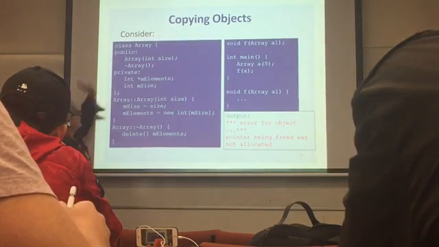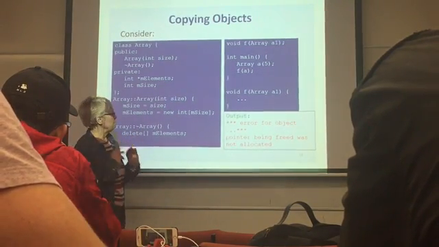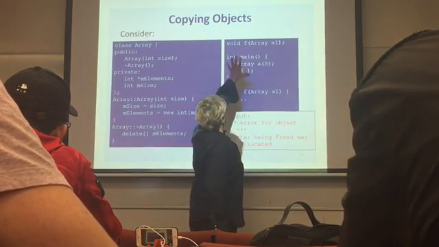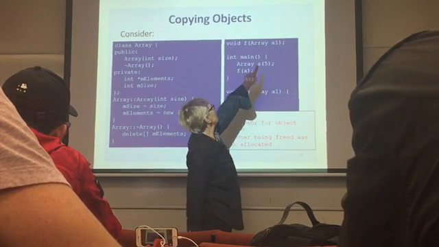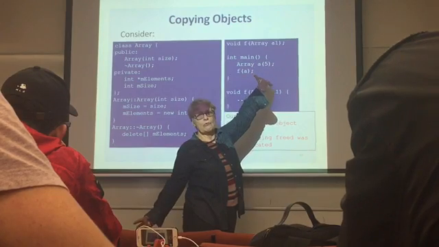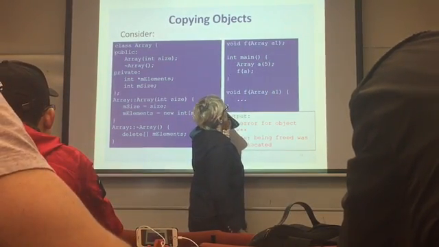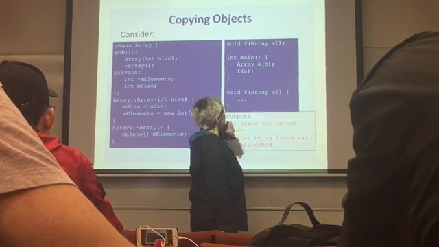When you have a type with a constructor, a destructor, minimum body, and functions getting objects passed by value, as you can see our array is passed by value, you can get into trouble very simply.